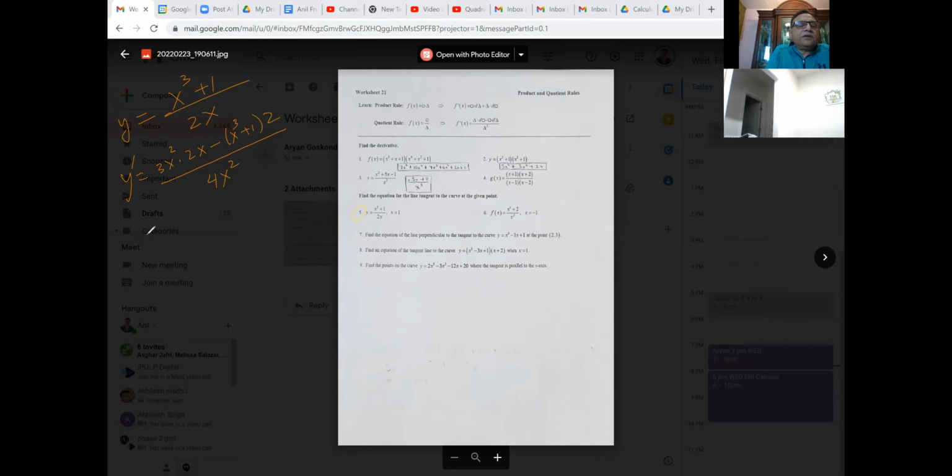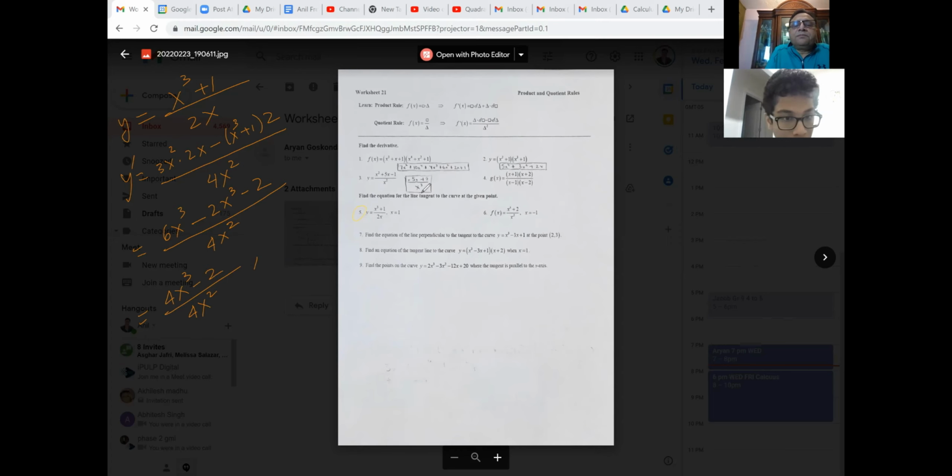That becomes the derivative. Let me simplify. So we have 6x cubed minus 2x cubed minus 2 over 4x squared. That gives you 6 minus 2 is 4, so 4x cubed minus 2 over 4x squared, correct?